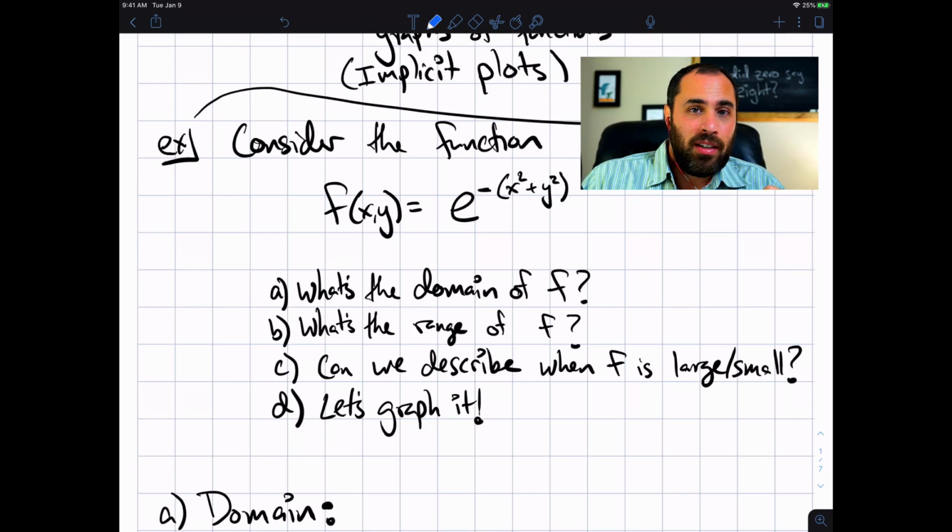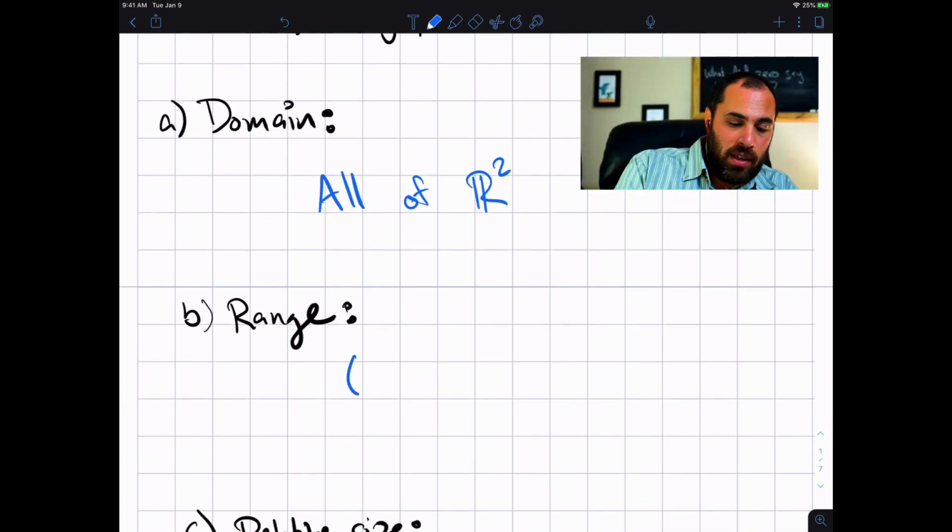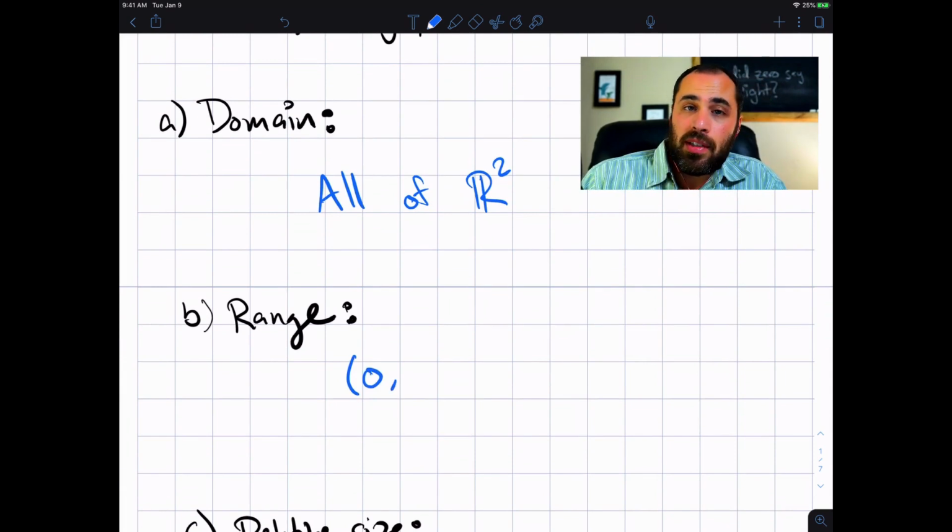If you think carefully, remember it gets close to 0. It will never actually get to 0. Remember that e to a minus power is 1 over e to that power. So it gets small, it approaches 0, but it doesn't get there. So we might say, we'll use parentheses, an open interval.